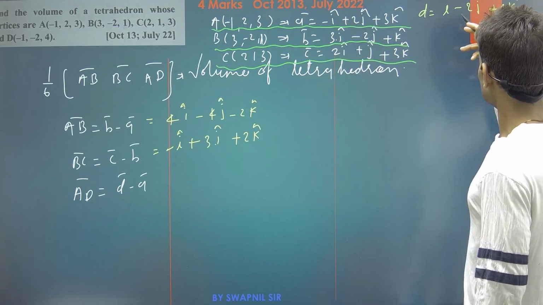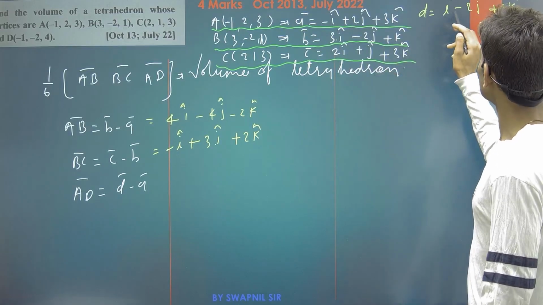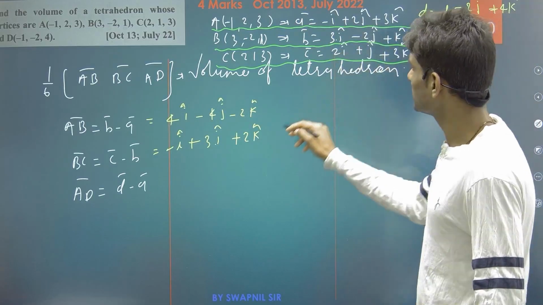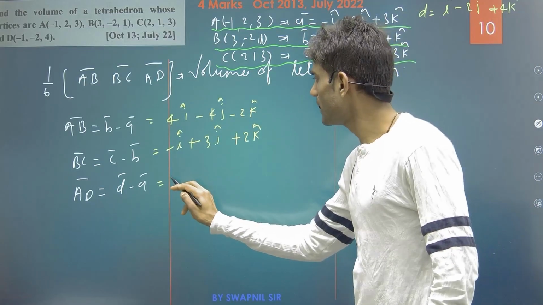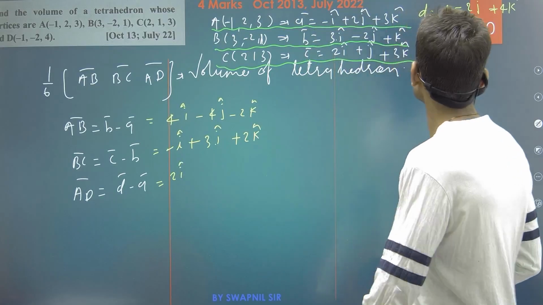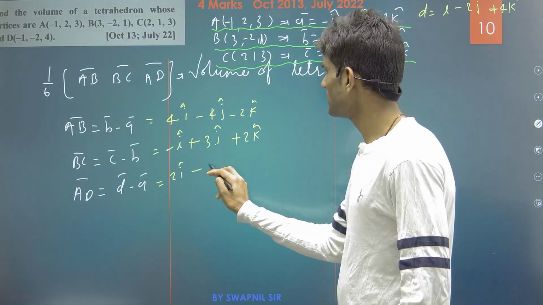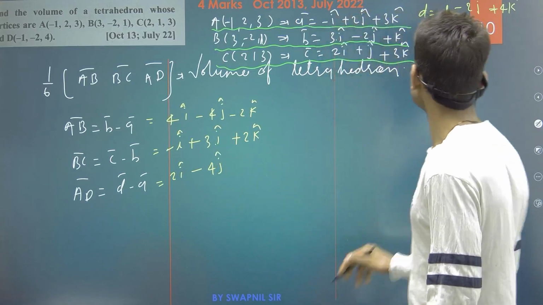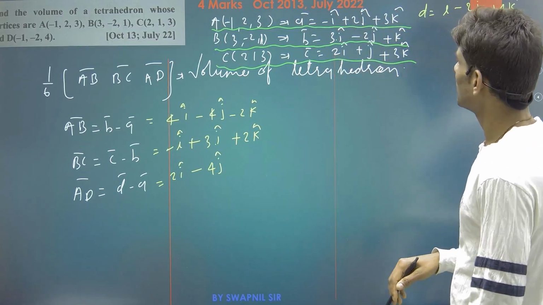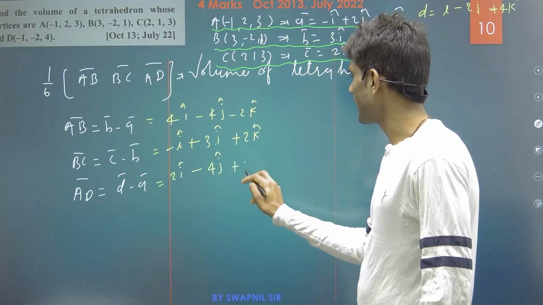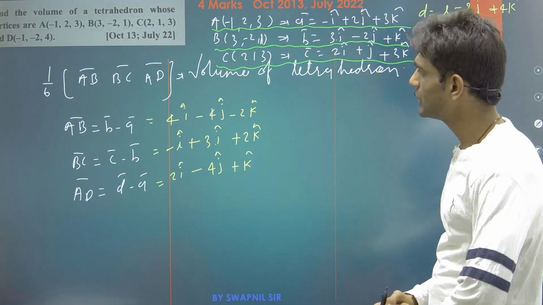So D bar minus A bar means minus I cap minus of minus I cap, which is 0 times I cap, minus 2 J cap plus 2 J cap, and 4K cap minus 3K cap, we can write as plus K cap here. All three are the vectors here.